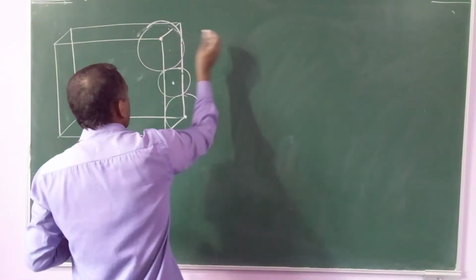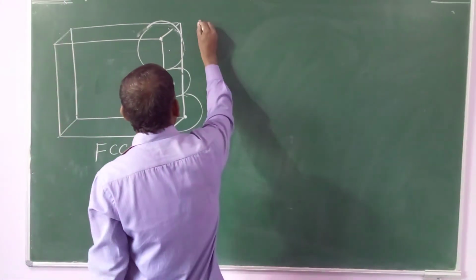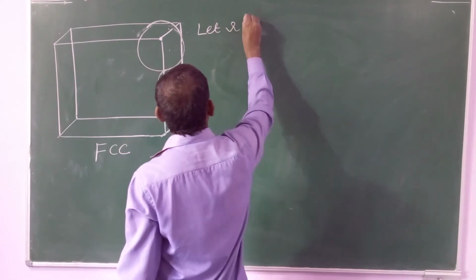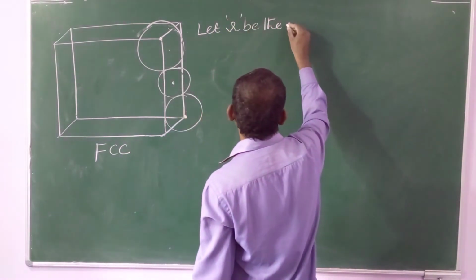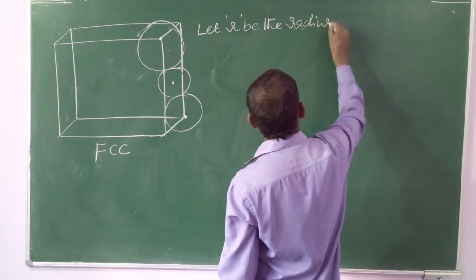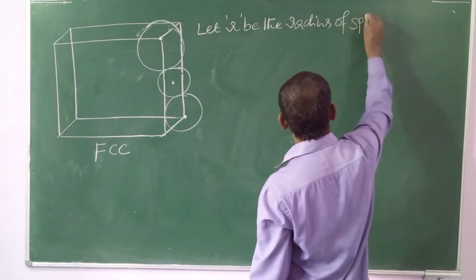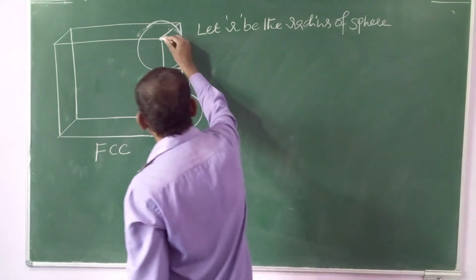Now, for derivation purpose, let R be the radius of sphere. So this is one sphere.